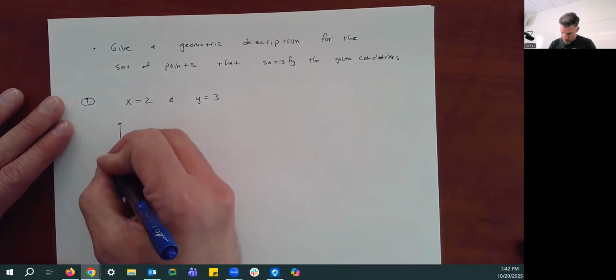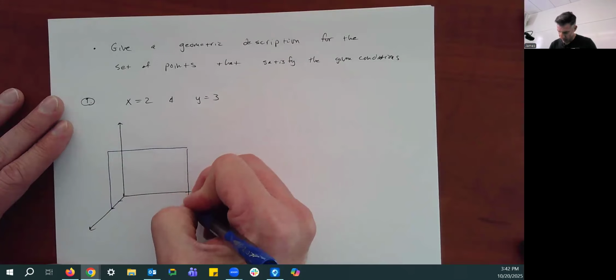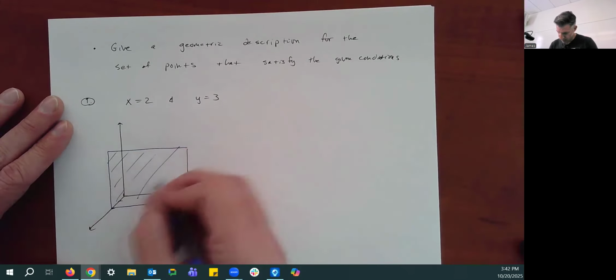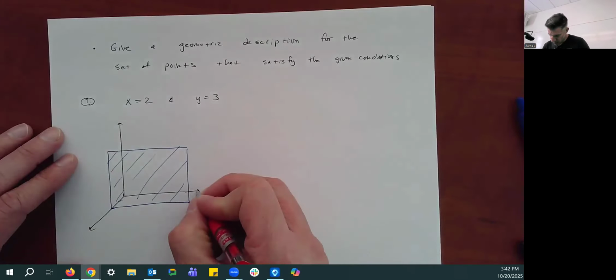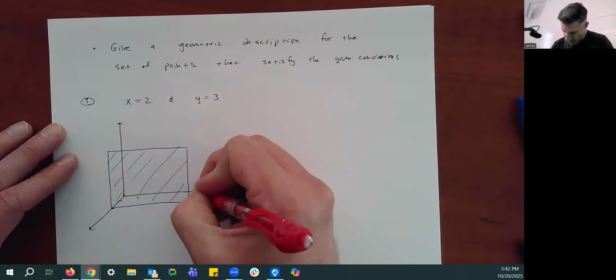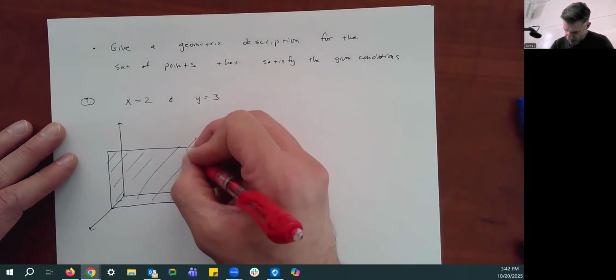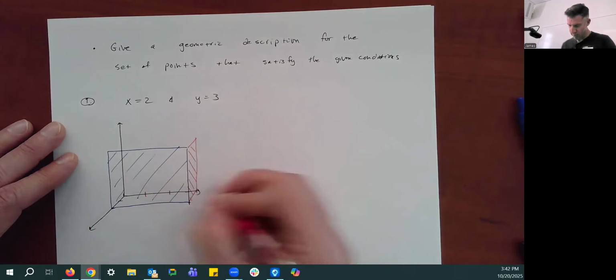Here's the plane x equal to 2, or at least part of it. And here's the plane y equal to 3. Maybe my scale might be a little bit off here. 1, 2, 3.